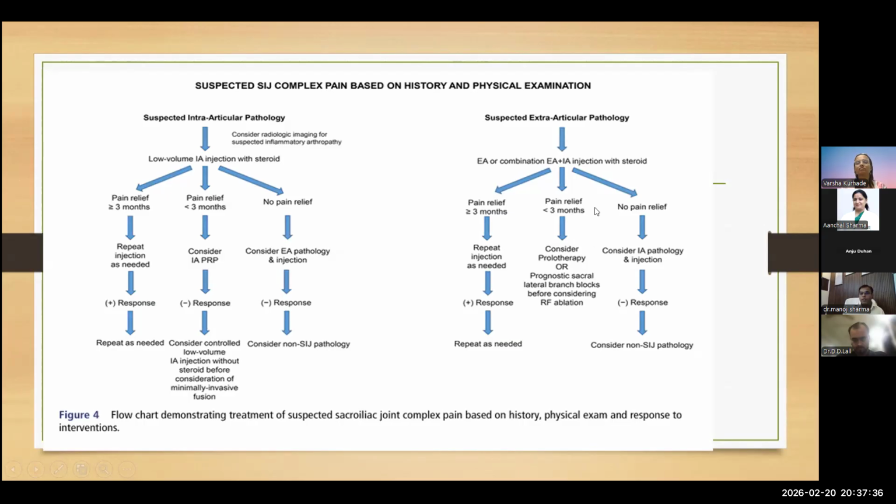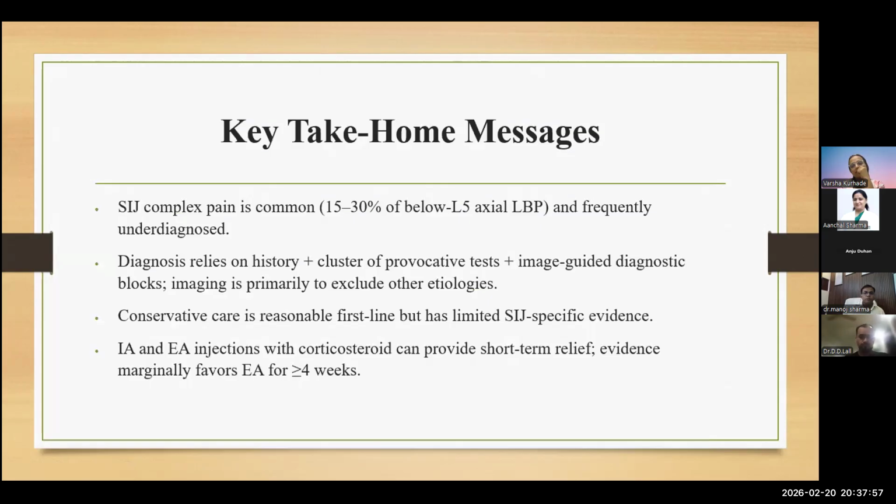If the patient does not get any pain relief with the extra-articular injection, then intra-articular injection can be considered. Or if there is no response, then the patient might have non-SIJ pathology.